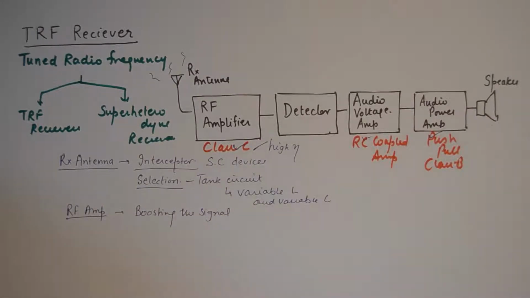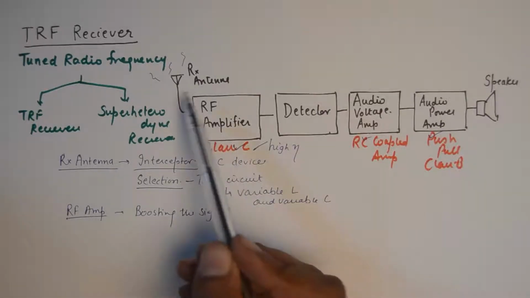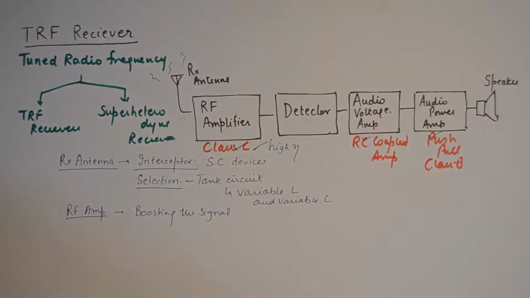If you know the properties of these amplifiers, they'll automatically start to make sense. I'll not go into the details of the amplifiers. You simply need to remember that a class C amplifier is used at the RF amplifier stage, right next to the antenna, because it has high efficiency as compared to a class B amplifier, and the noise effects are reduced.